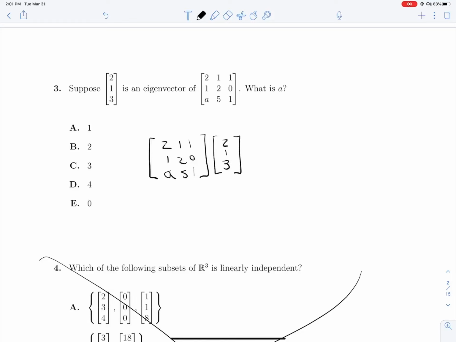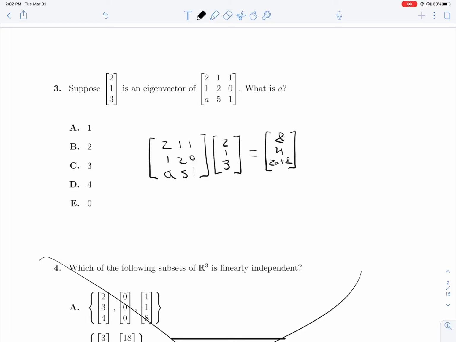If that is an eigenvector, what we should see when we apply this transformation matrix to this vector is that our result is scaled by a certain factor, and that will allow us to solve for A. So our first component here will be 2 times 2 plus 1 plus 3, which is 8. Our second component, multiplying our second row by the first column, will be 4, and our final component will be 2A plus 8.